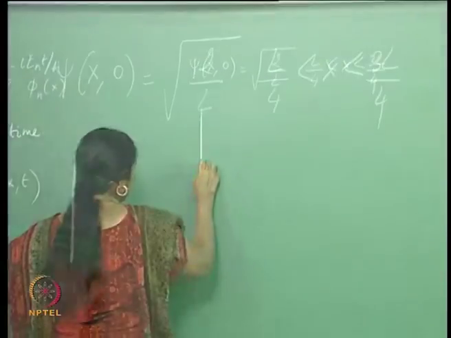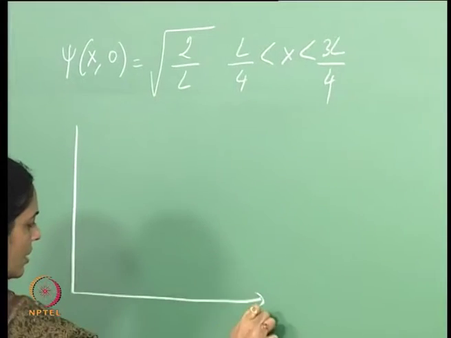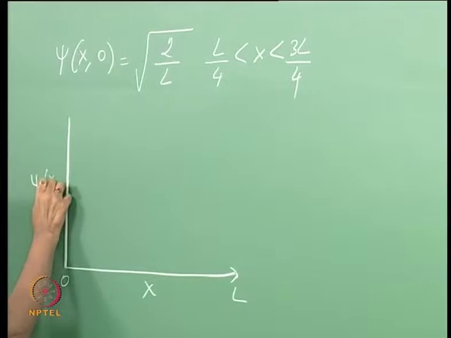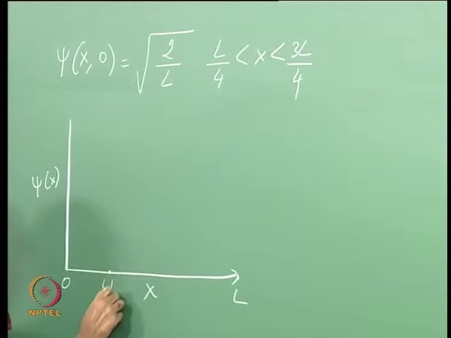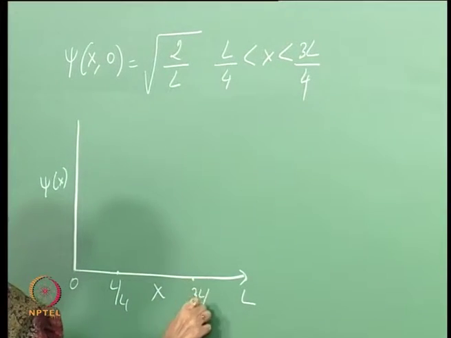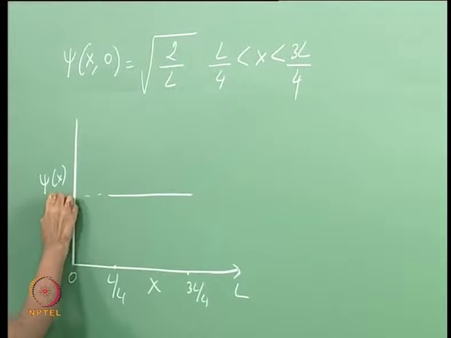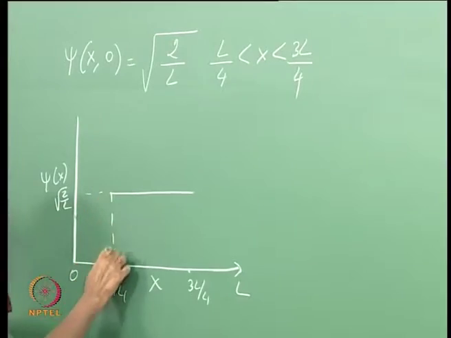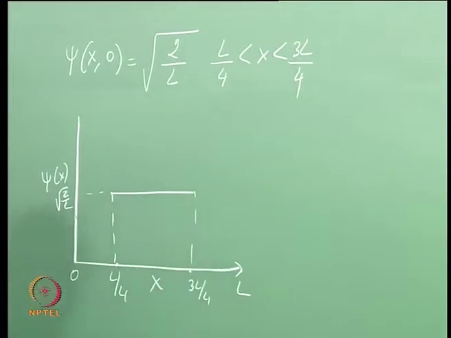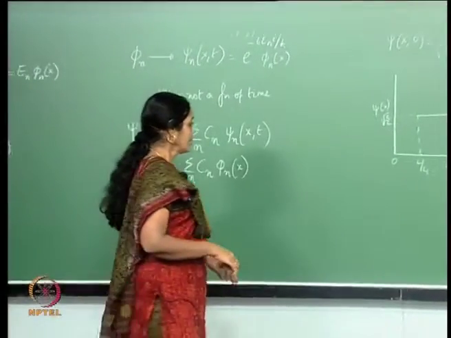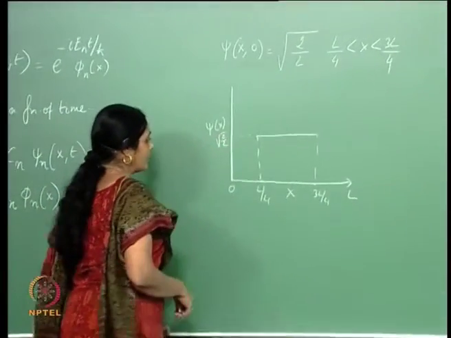In other words, that is x, and this is psi of x, which takes the value root of 2 by L just from L by 4 to 3L by 4. So, it is a constant independent of x.